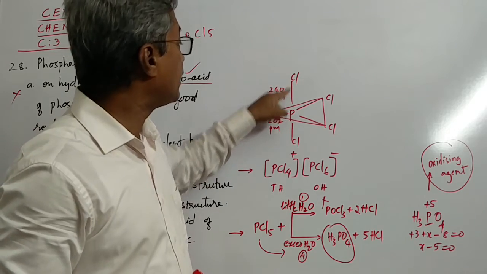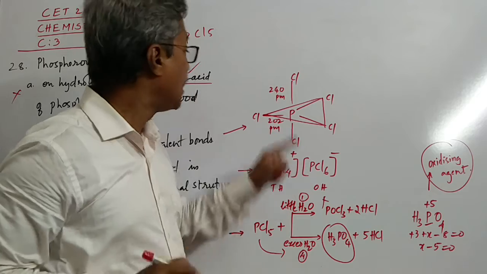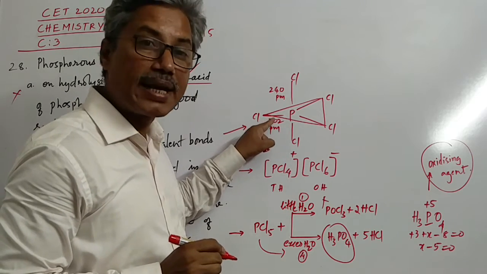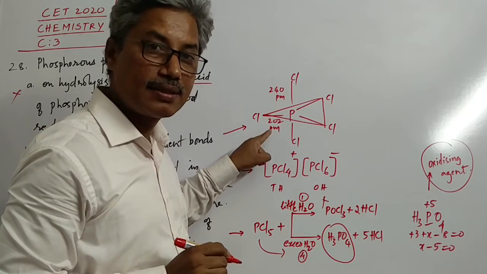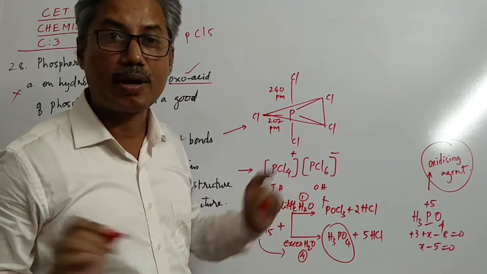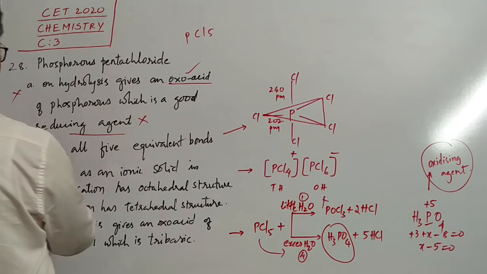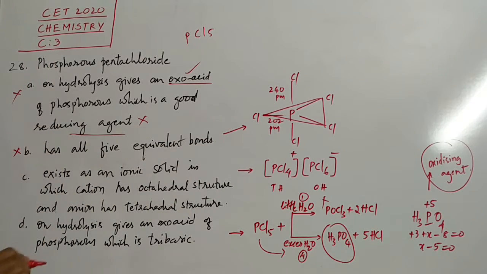This axial P-Cl bond is 240 picometer, and the in-plane P-Cl bond is 202 picometer. That means all the P-Cl bonds are not equivalent. That means even this is not correct.